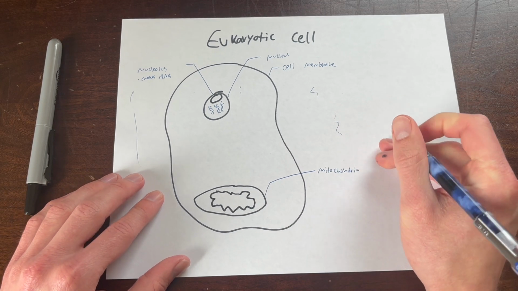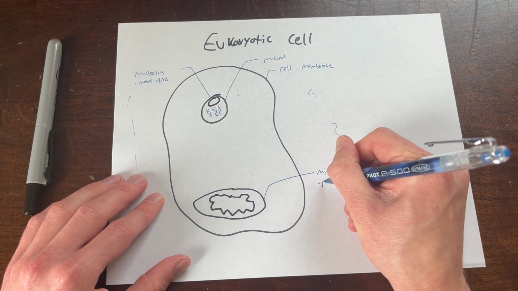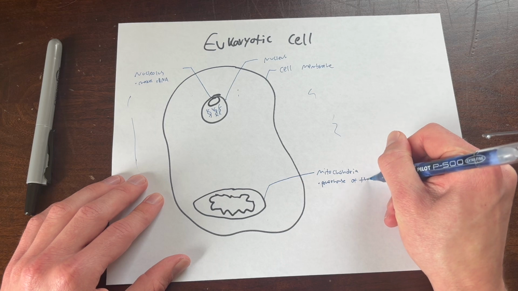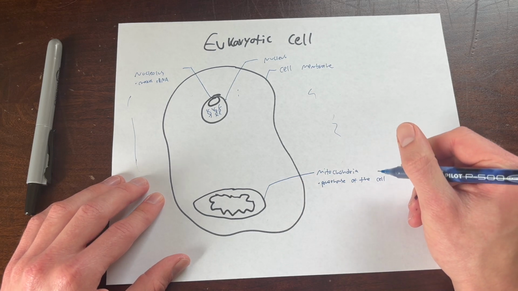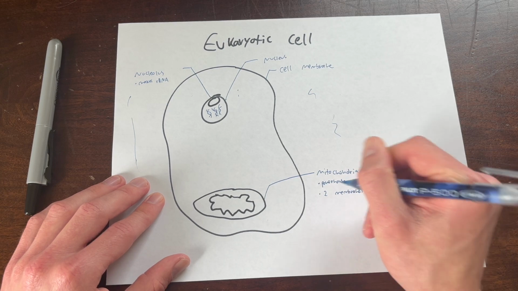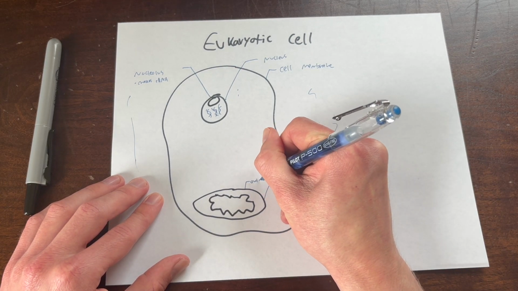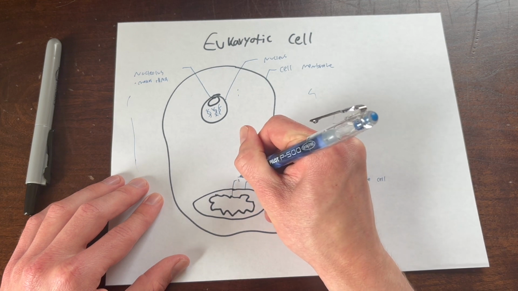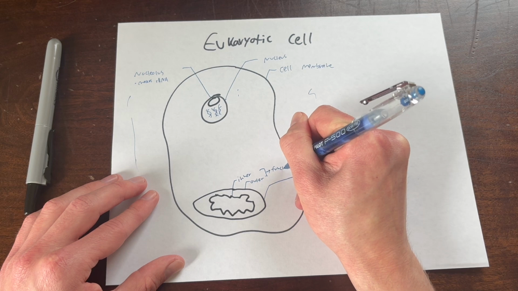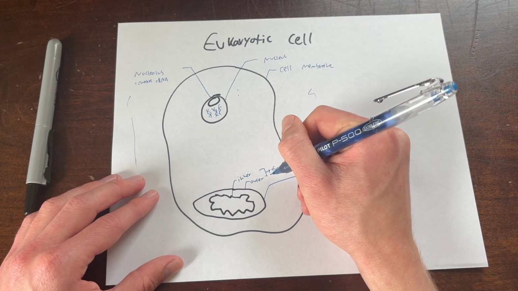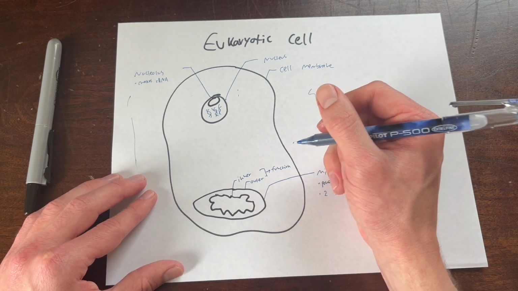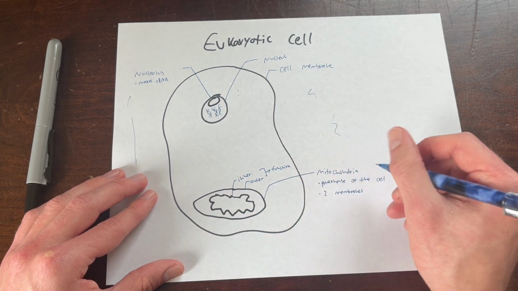The mitochondria is the powerhouse of the cell, and it has two membranes. This is the outer and this is the inner, and this is important for its function. Don't stress about this right now. We'll cover the mitochondria later. This is just a general overview, but remember, mitochondria is the powerhouse of the cell.